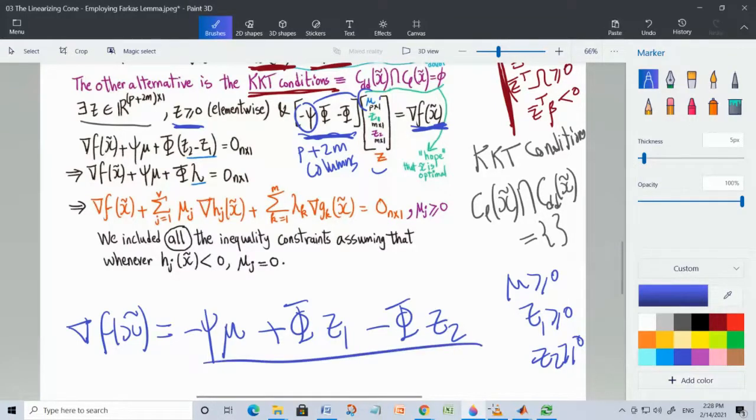Now move those to the other side. So you get that the gradient vector plus epsilon mu plus phi multiplied by these two vectors, z2 minus z1, is equal to the zero vector. Now z2 is a non-negative vector, z1 is a non-negative vector, but what happens when we subtract a non-negative vector from a non-negative vector? We can get anything, right?